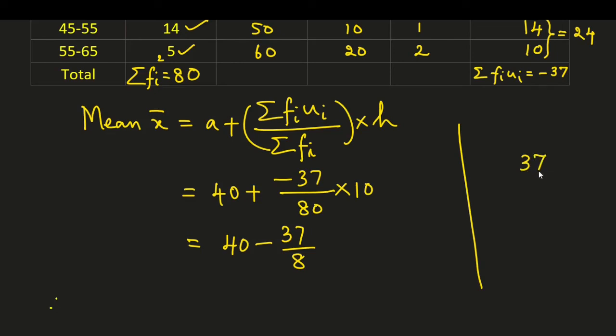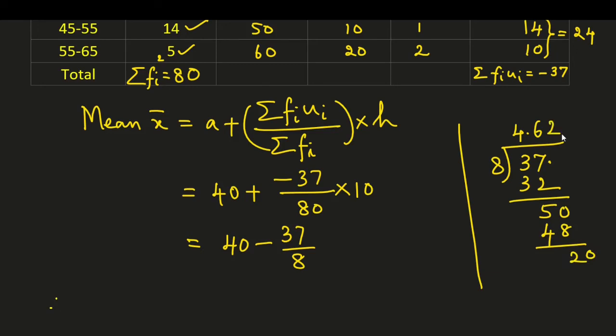What is 37 by 8? Let us divide and see. 8 fours are 32. 5, we are getting 50 here. 8 sixes are 48. 2, 20. 8 twos are 16.